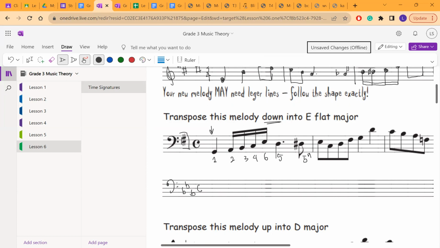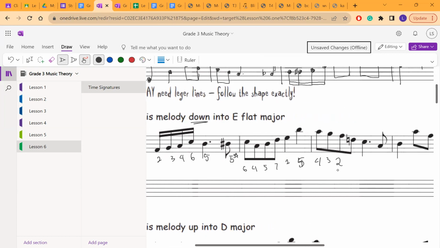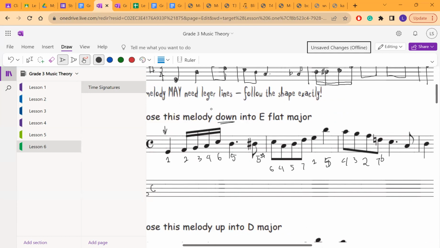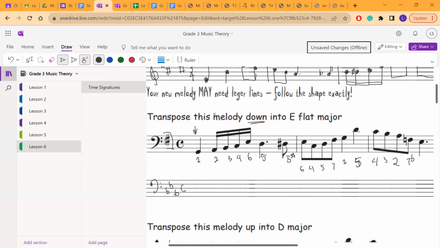This note requires a sharp. This requires a flat because the original key signature was F sharp.